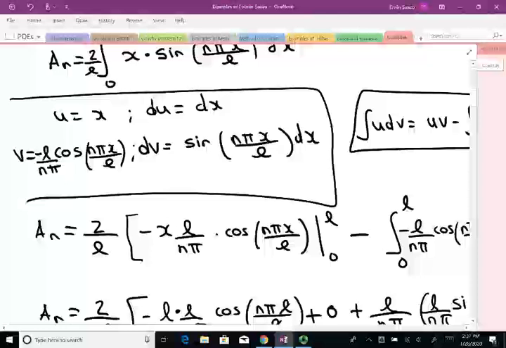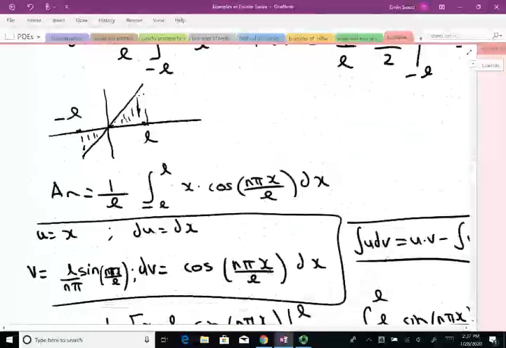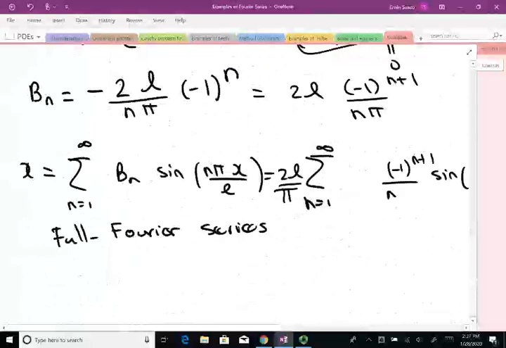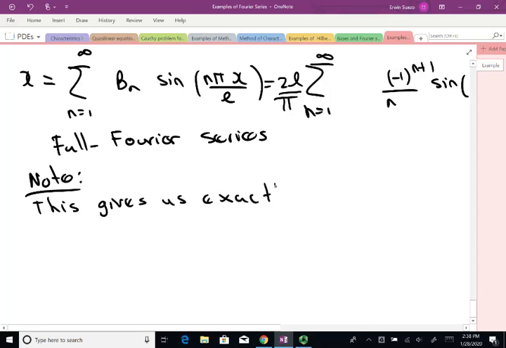They agree because the function x is odd. So note this gives us exactly the same series as the Fourier sine series.